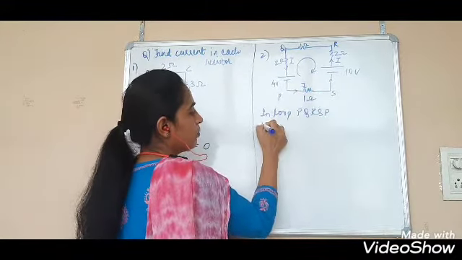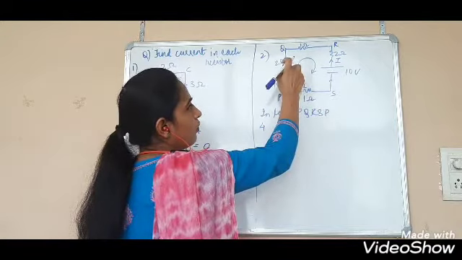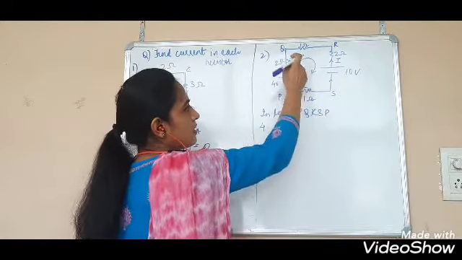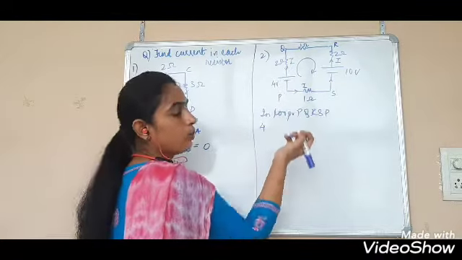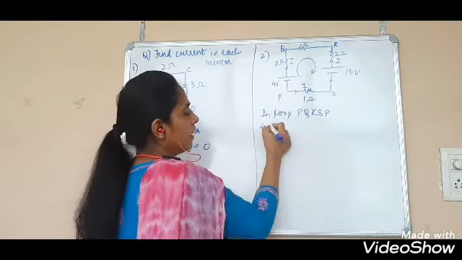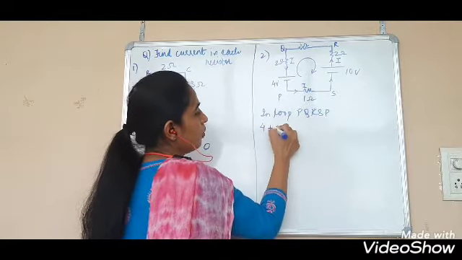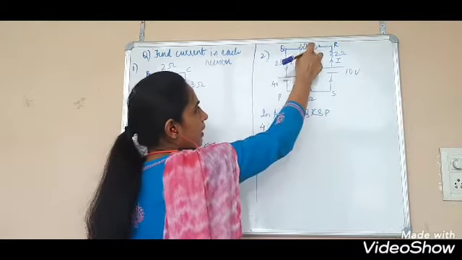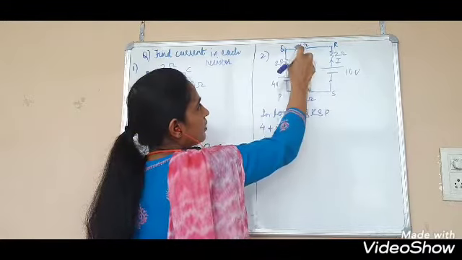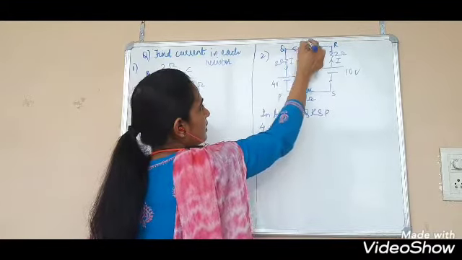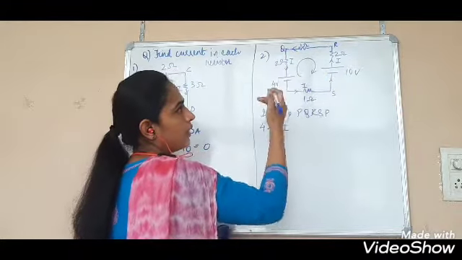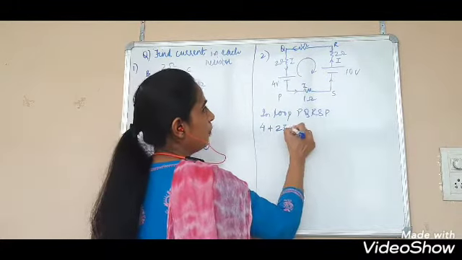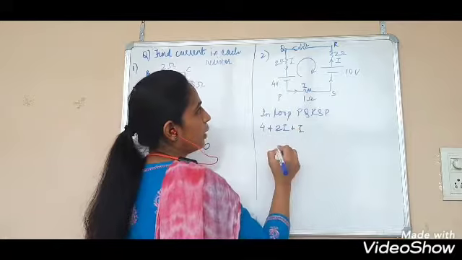So plus 4. Then going through this resistor, current is downwards and we are going upwards, so the paths are opposite. So delta V will be positive, plus 2I. Then again here the path and current direction are opposite, so plus 1I.